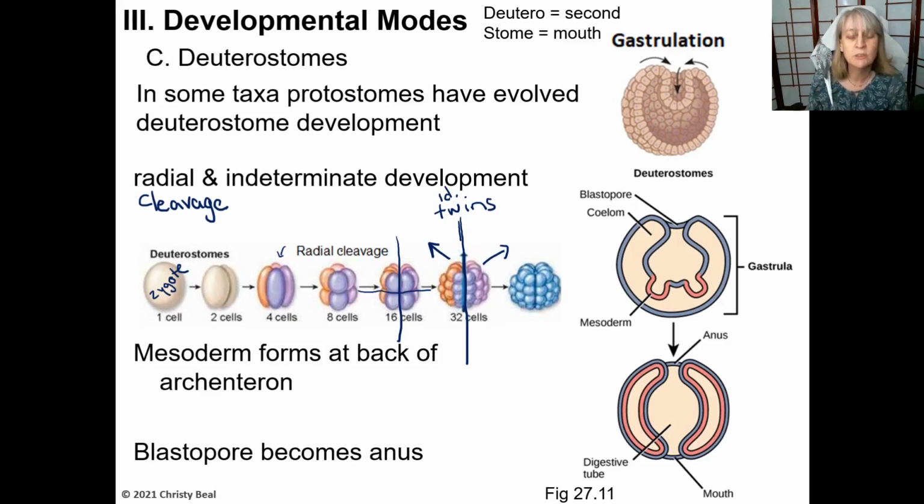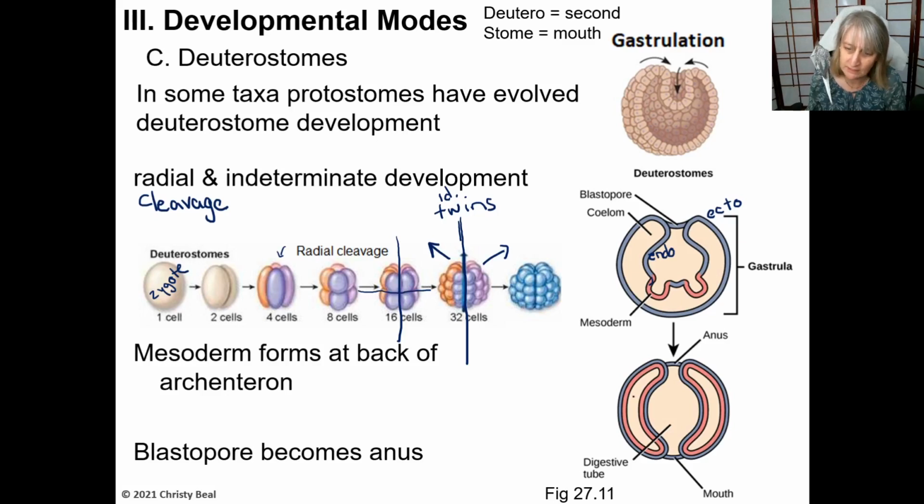Now, in deuterostomes as well, we have a different pattern of mesoderm development. As this gastrulation occurs, and we have the endo, the inside, and the ecto, the outside, the mesoderm doesn't form in these little packets. The mesoderm originally appears at the back of the archenteron, the back of the developing gut, and then it breaks off and it fills in this space in between the endo and the ectoderm.